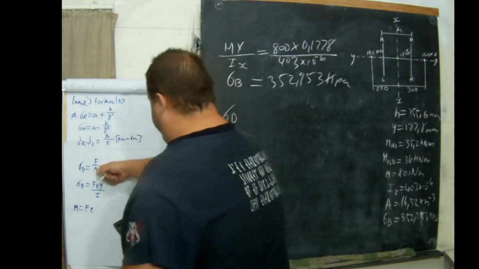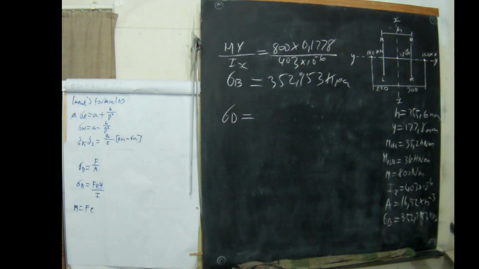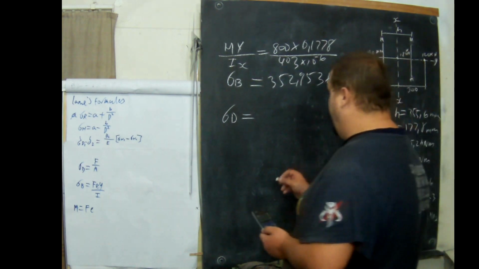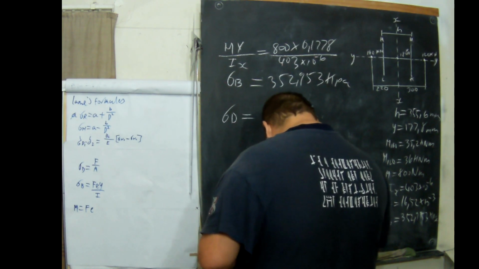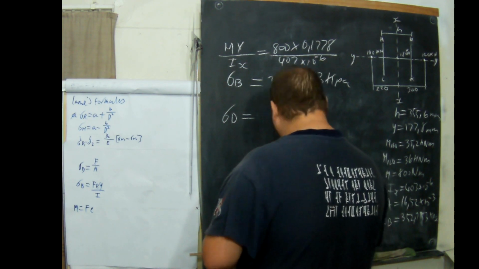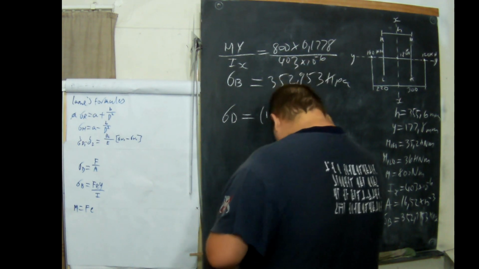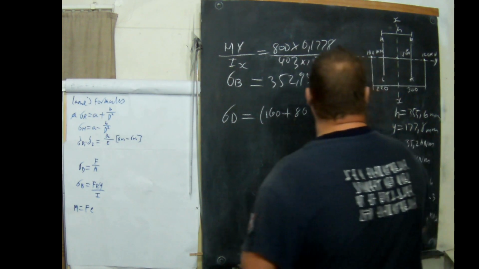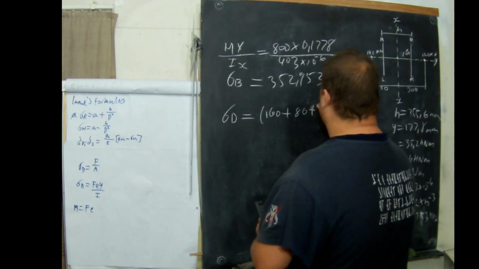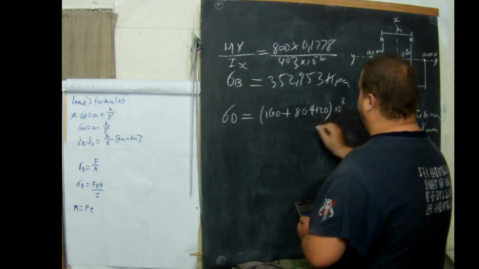Now we work out the other side, the direct stress D. D is F over A. How we work out F: 160 plus 80 plus 120 kilonewtons, all times 10 to the power 3.